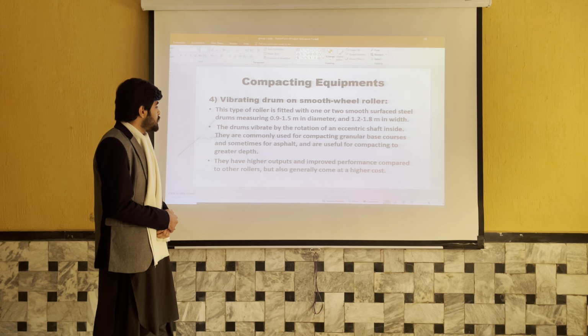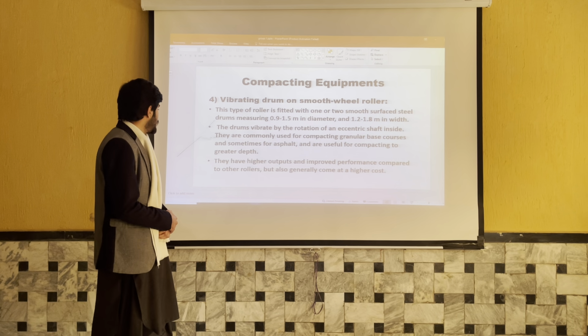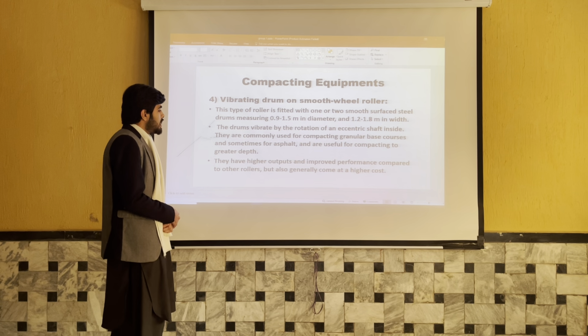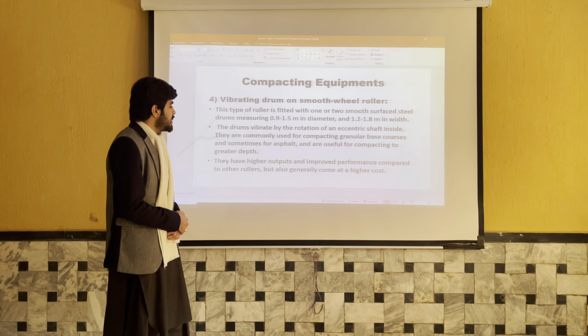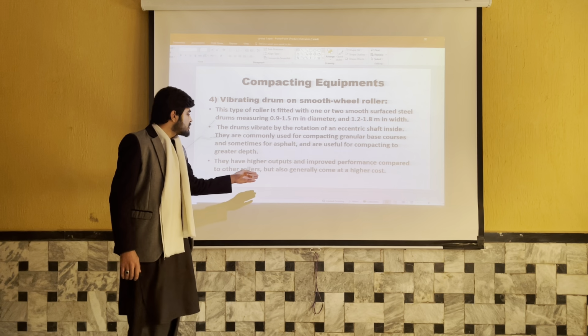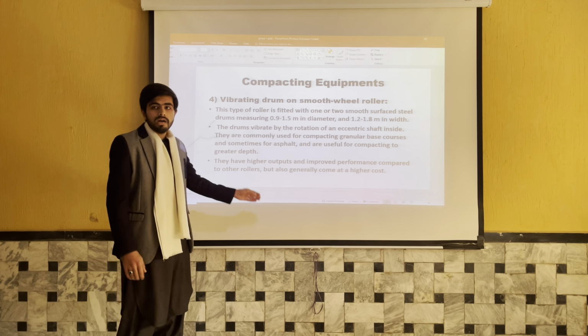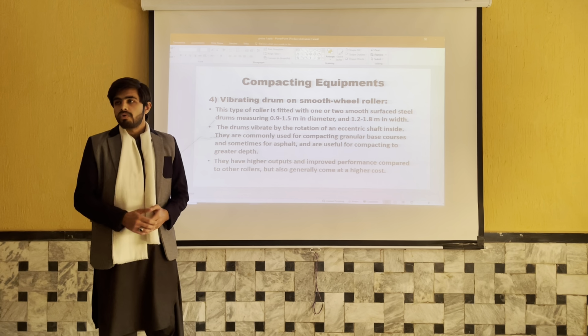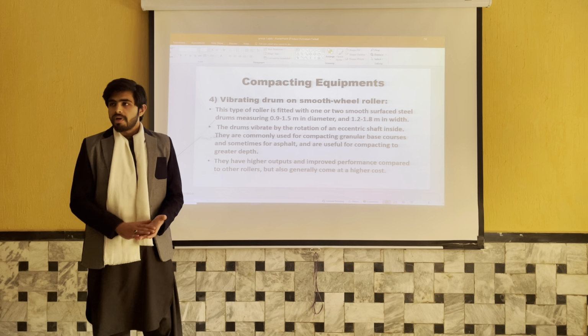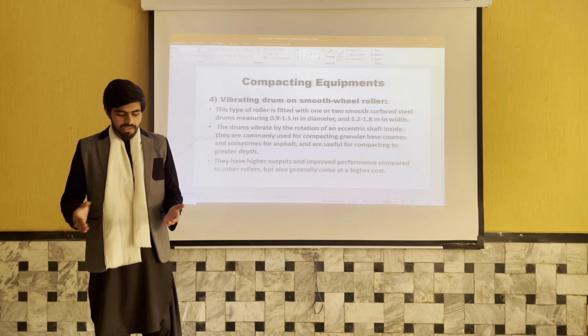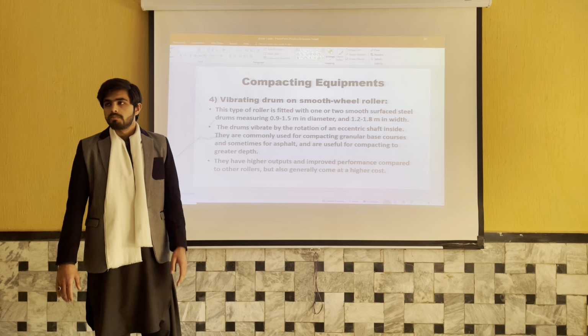They have higher output and improved performance compared to other rollers, but also generally come at a higher cost. Yes, they have a higher output because there is more accuracy in compacting the ground, because the area is small.